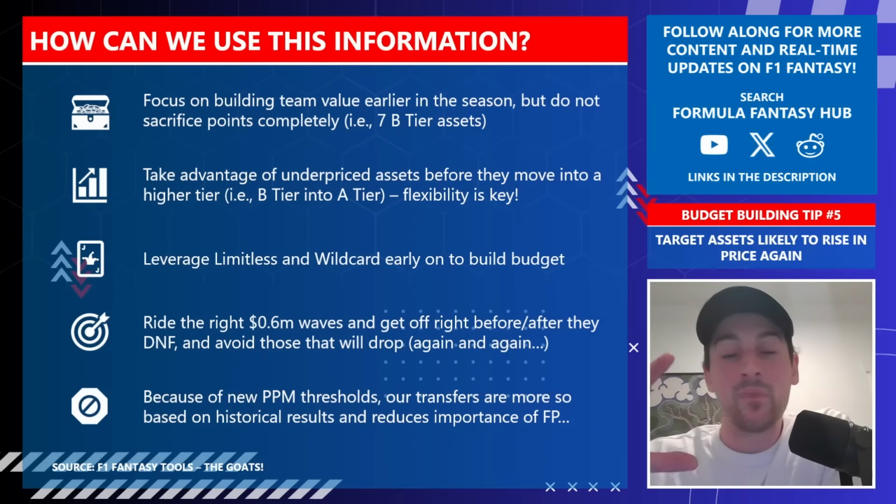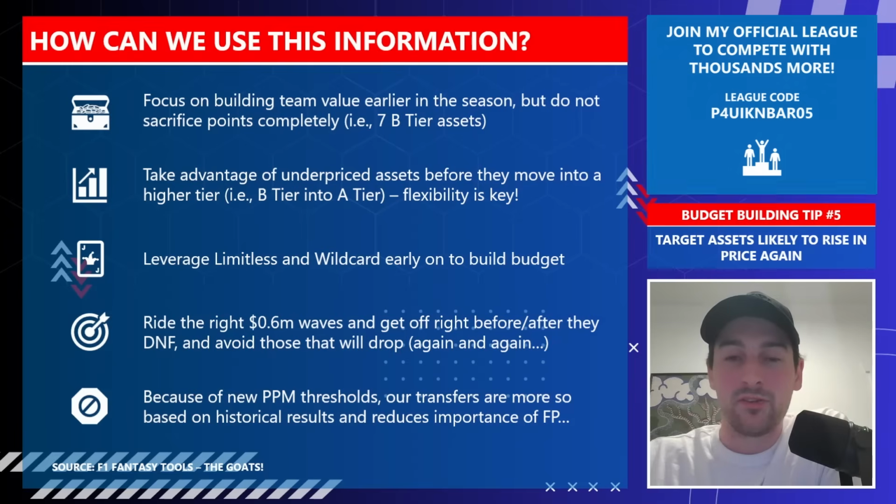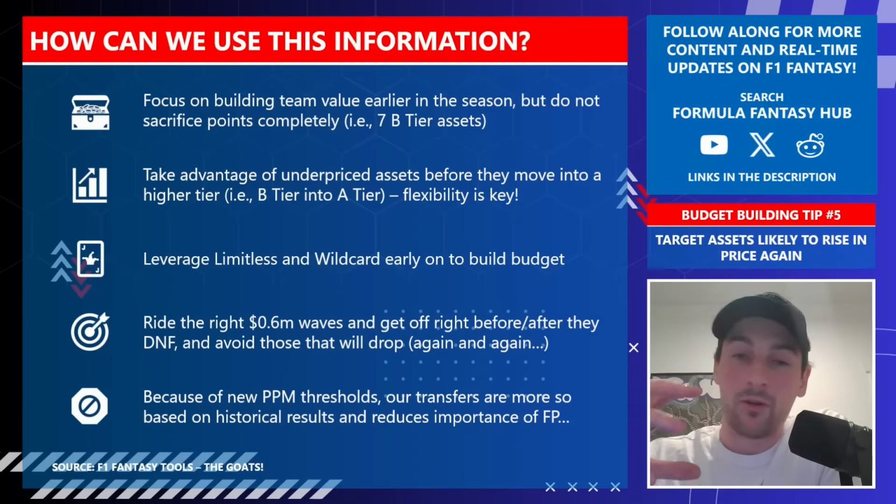So I'm not saying you have to focus all of your energy into getting 7 B tier assets and try and squeeze the absolute maximum out of those $0.6 million increases. But I definitely think going for 4, 5 B tier assets and having a very dominant or competitive 2X driver with maybe a McLaren could be one such way of finding that sweet spot in the early goings of the season.